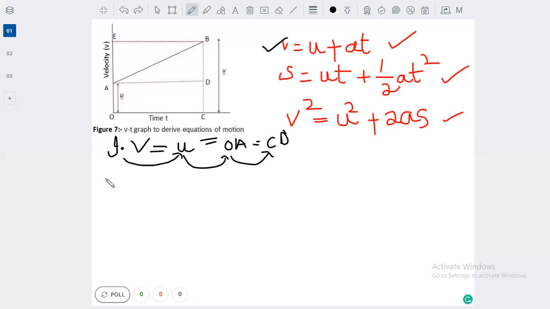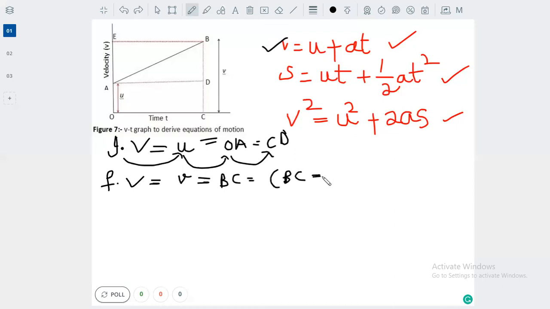So this is what the initial velocity says. Now, the final velocity is nothing but BC, right? So the final velocity v is equal to BC. And not only BC, it is like this: if we add BD plus DC, what will we get? I'm writing over here, BC is equal to BD plus DC.